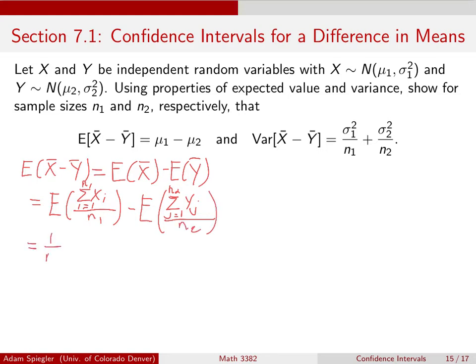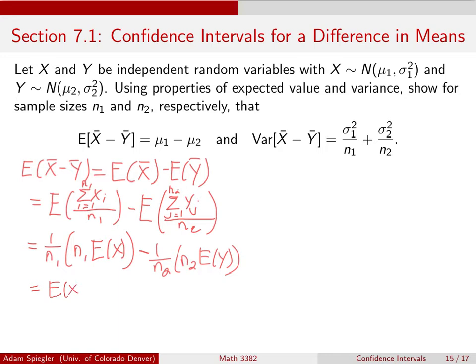We can pull out the 1 over n1, and then we're going to sum n1 times. All of those expected values are the same since they all come from X. Over here, we can pull out the 1 over n2 from inside the expected value, and what's left is n2 times the expected value of Y. These constants, the n1 and the n2, cancel.